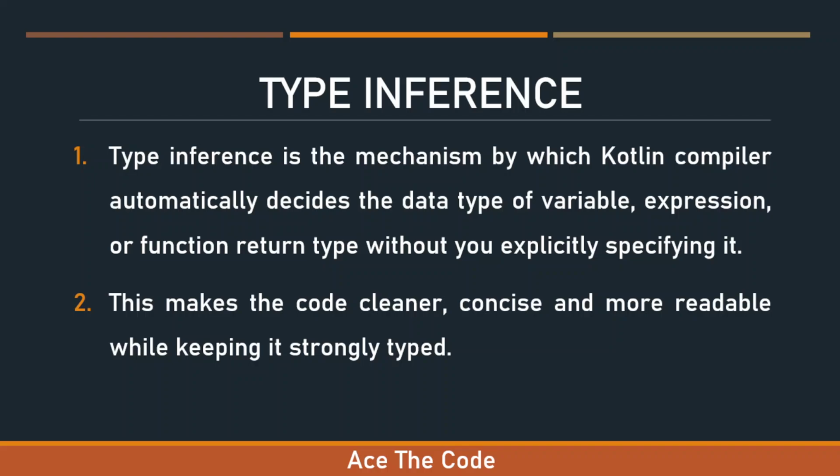Because of type inference, the code becomes cleaner, more concise, and more readable. To understand this clearly, let's implement some code. Before that, let's quickly understand the difference between var and val.